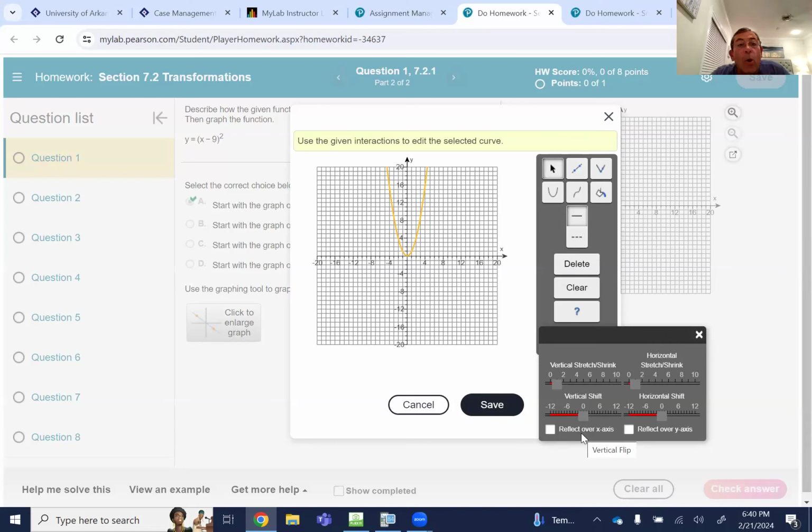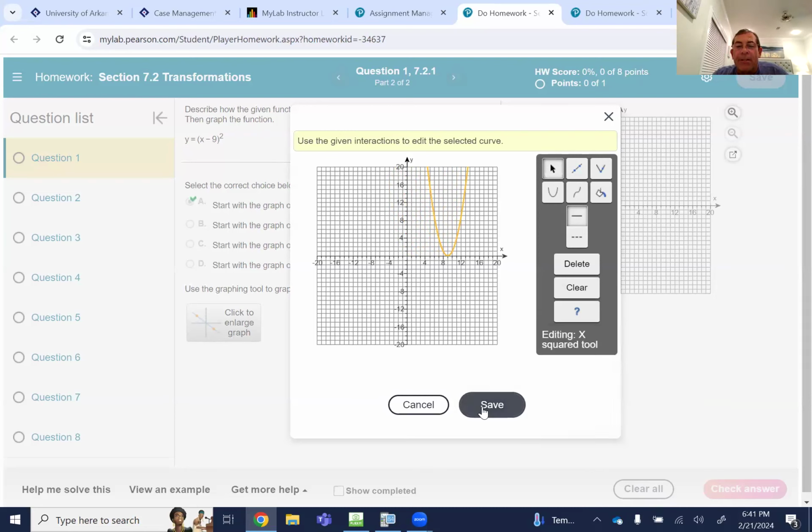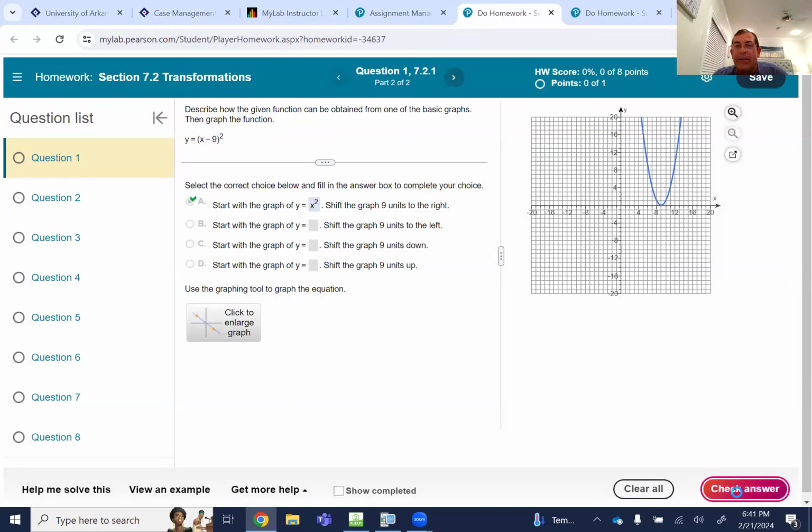So since this is horizontal, you said I was going to go 9 right. So I got to come down here and grab this little slide control and move it right to 9. But as I move that slide control, y'all look at my graph. It moved right 9 units. Y'all with me? And then you save that and you check that answer.